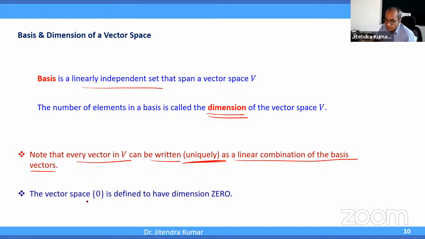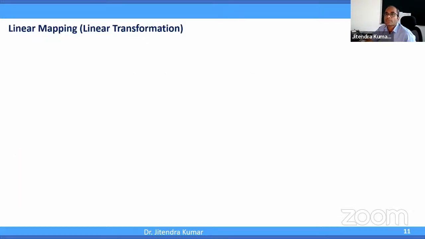The vector space V = {0} is defined to have dimension 0, because we do not have any linearly independent vectors in this 0 set.